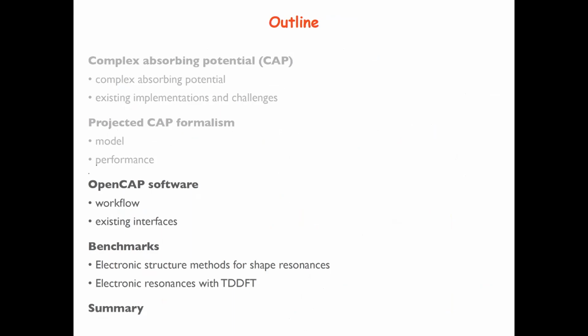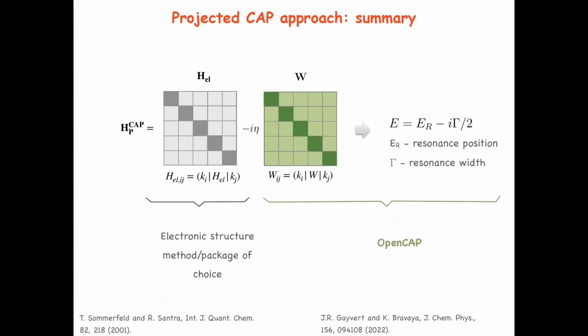All right, but so far this is just a general CAP technique. How can we use this technique to extend existing implementations of bound state methods to resonances? In particular, multi-reference methods implemented in OpenMolCAS. The idea is the following. Once again, we perform an electronic structure calculation with the method and package of choice.